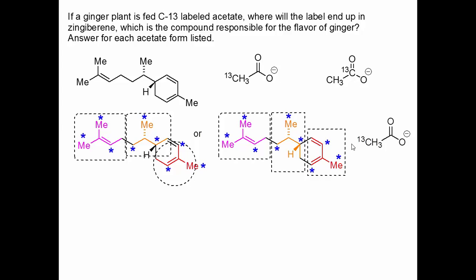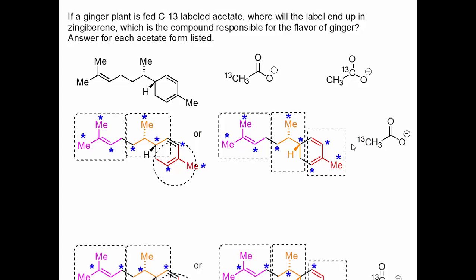Remember C13 NMR natural abundance is only 1%, but if you actually label it, the peaks that are labeled become 100 times as large because they're all C13s. So this is a very obvious and very common biosynthesis experiment to determine where carbons originate.